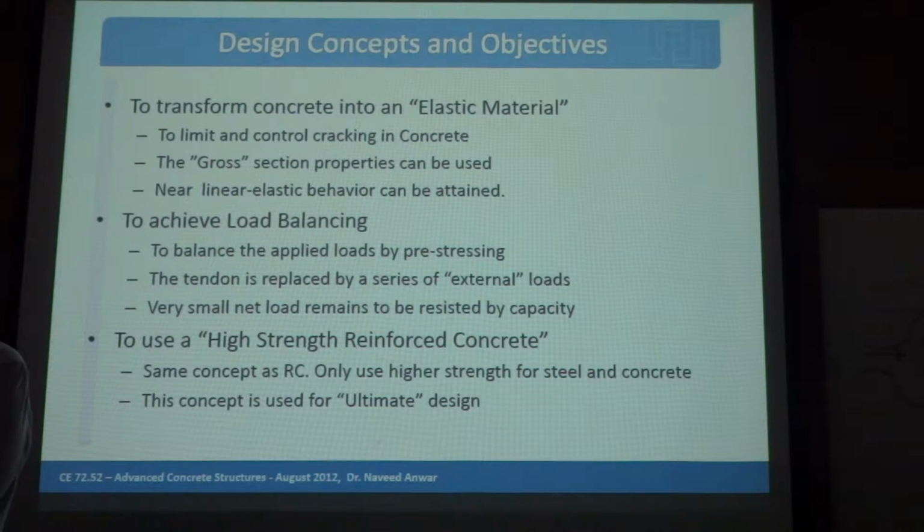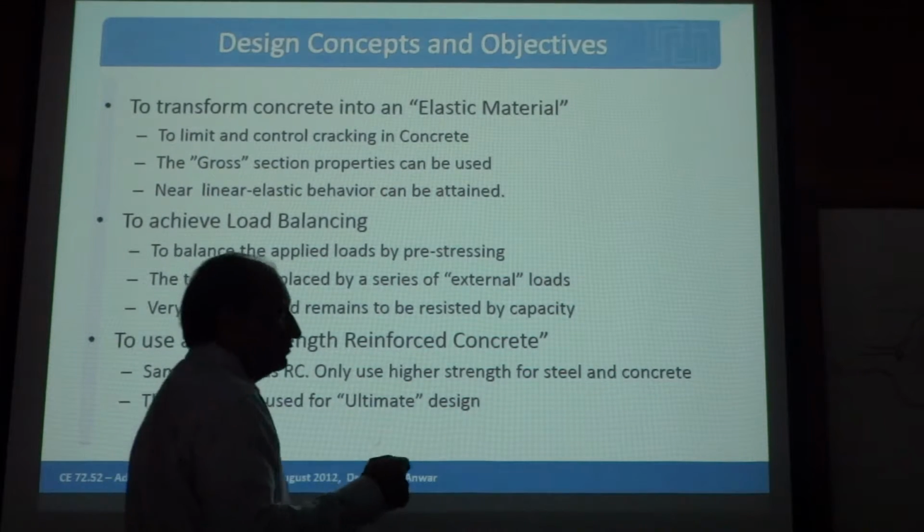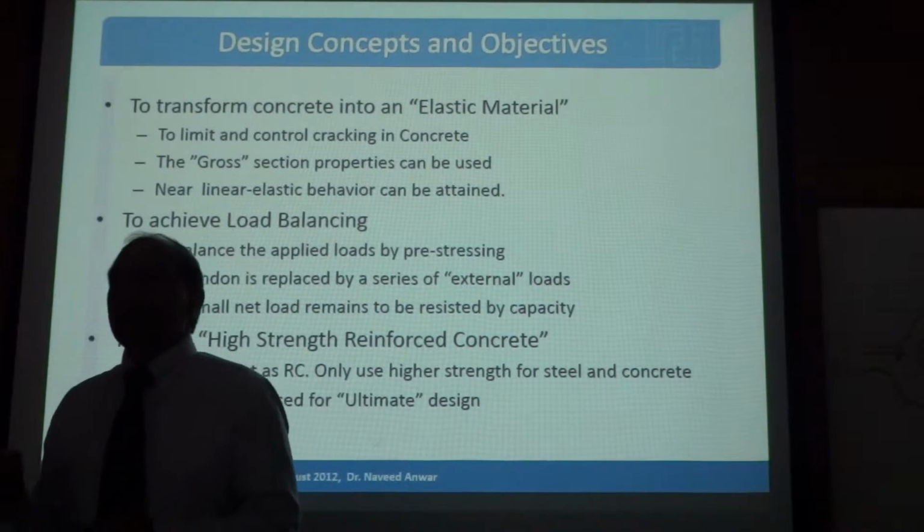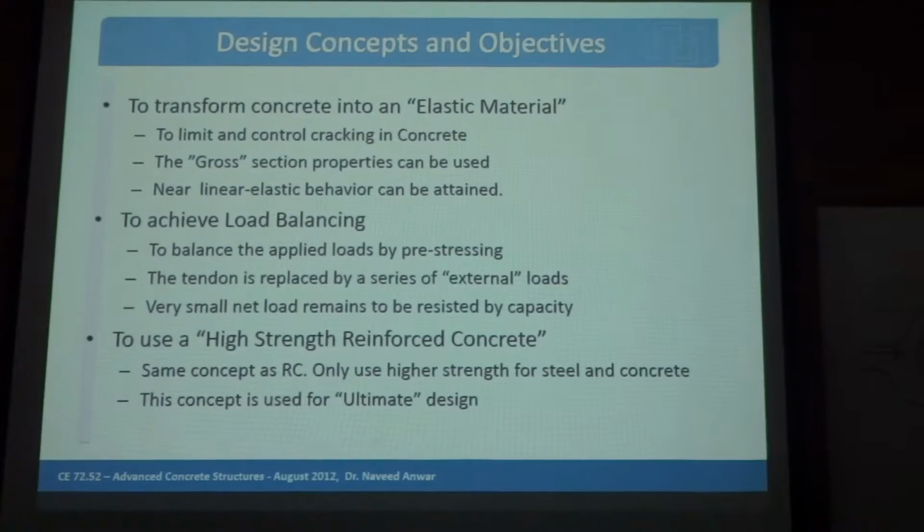You remember those four curves, linear, elastic, and so on, and we said reinforced concrete is highly non-linear and inelastic. But prestressed concrete is linear and elastic. So this becomes the simplest material in terms of behavior after we prestress it. But doing it is not easy. And once you convert that into a linear elastic material, it has a lot of advantages in terms of analysis and design later.